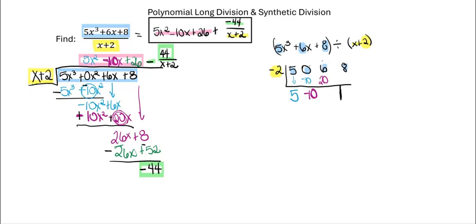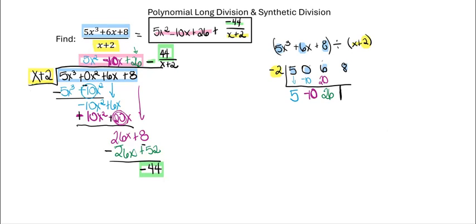And the 20 up here on my synthetic division is the same as this 20 I circled on my long division. But when I add 6 and 20, I get 26, which I put in green because that's the number that I have up here in my long division in green.